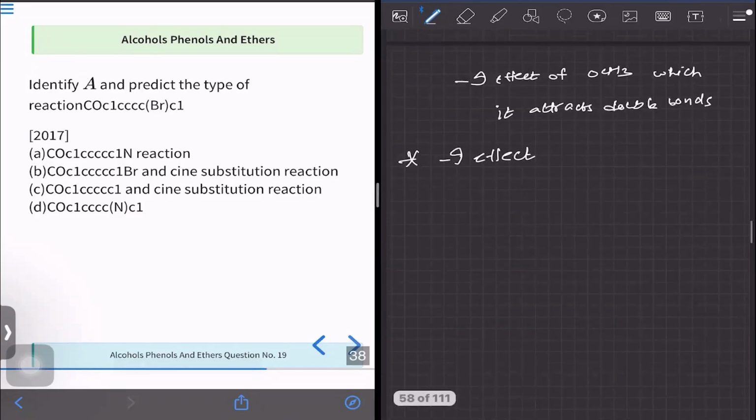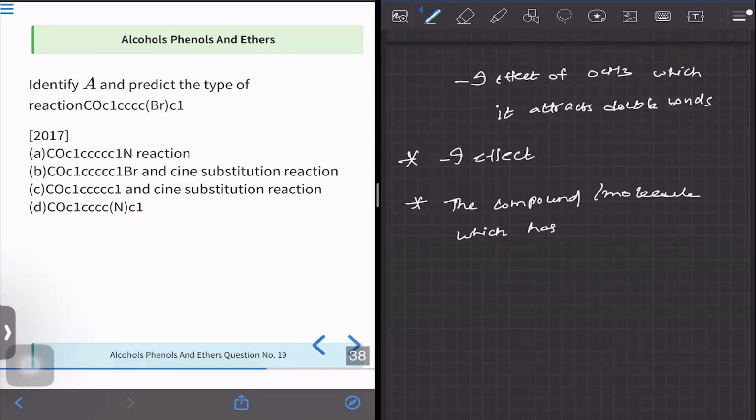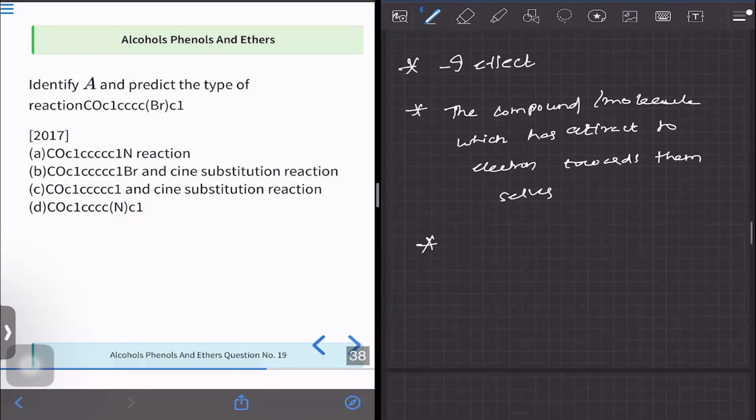What is meant by minus I effect? The compound or molecule which has tendency to attract electrons towards itself is known as minus I effect. Let's see what is the order of minus I effect.